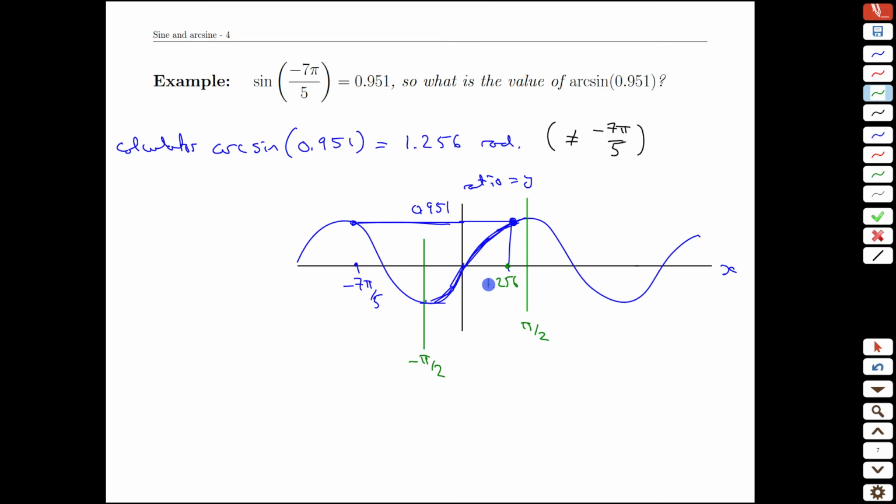Now it is worth noting that we can even get more precise. Knowing all of this background, we don't have to settle for decimal values for this particular angle that we're looking for. We can actually note that we have a reference point here. We're at negative pi. This would be negative 3 pi over 2 at this point here at the peak. And negative 7 pi over 5 isn't quite that far.